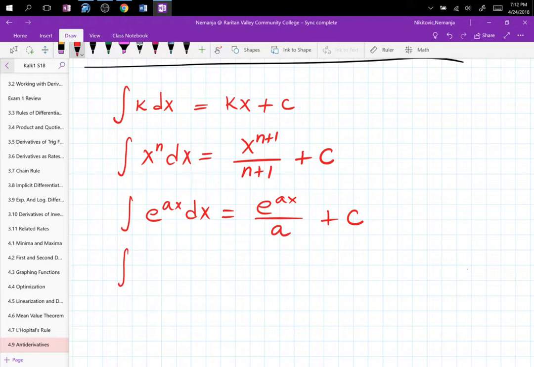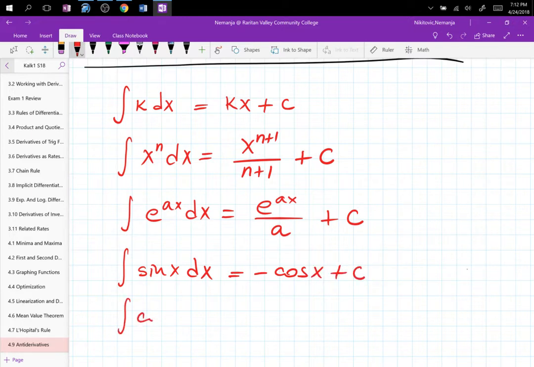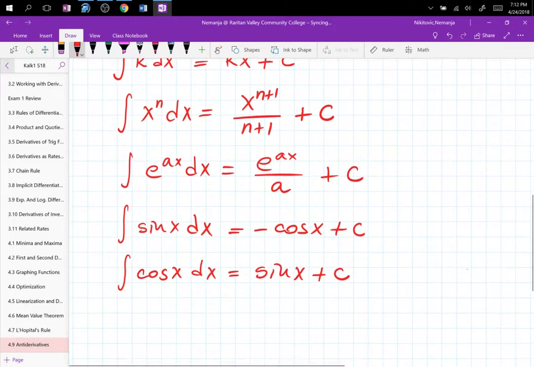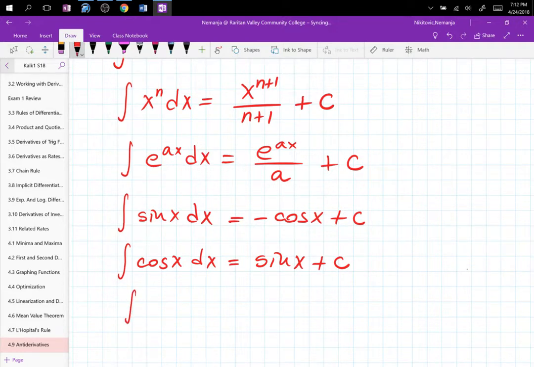The integral of sine x dx is negative cosine x plus c. Integral of cosine x dx is positive sine x plus c. Integral of secant squared x dx is equal to tangent x plus c.